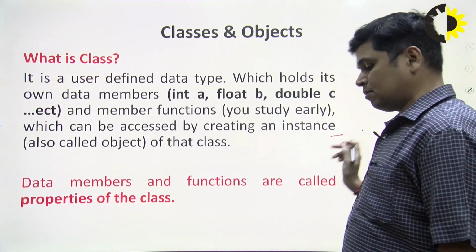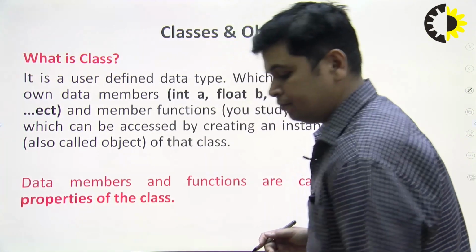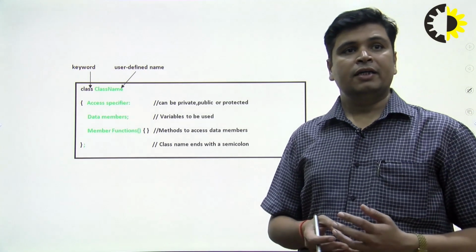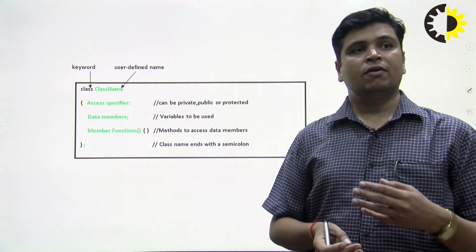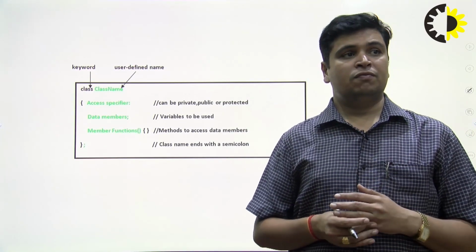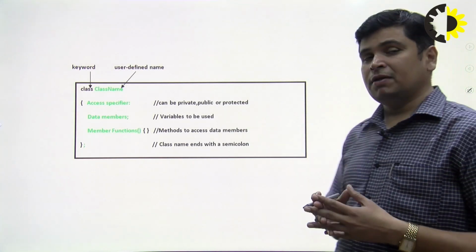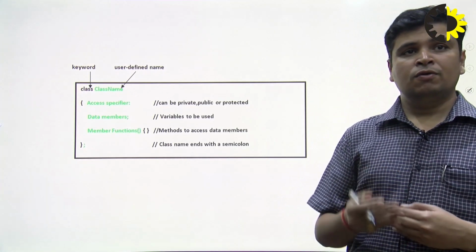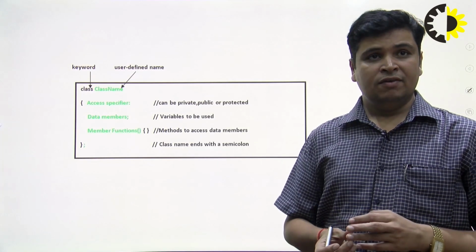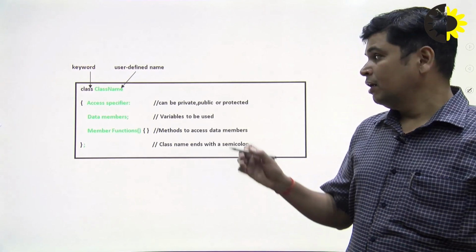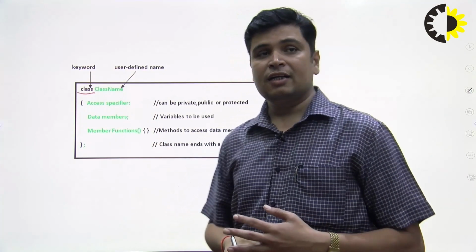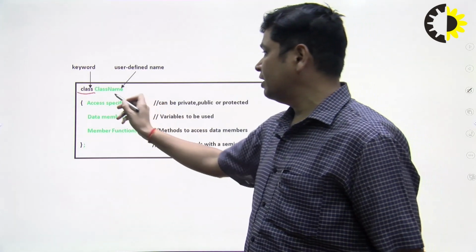Now, the next question that comes to mind is how to define or declare a class in C++. In C++, to declare a class, the class keyword is used, and this is the class name.